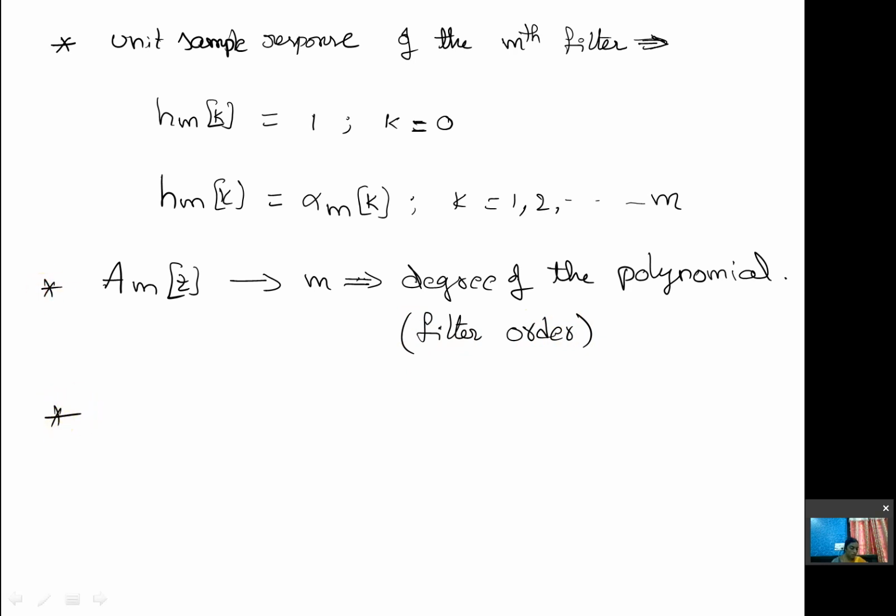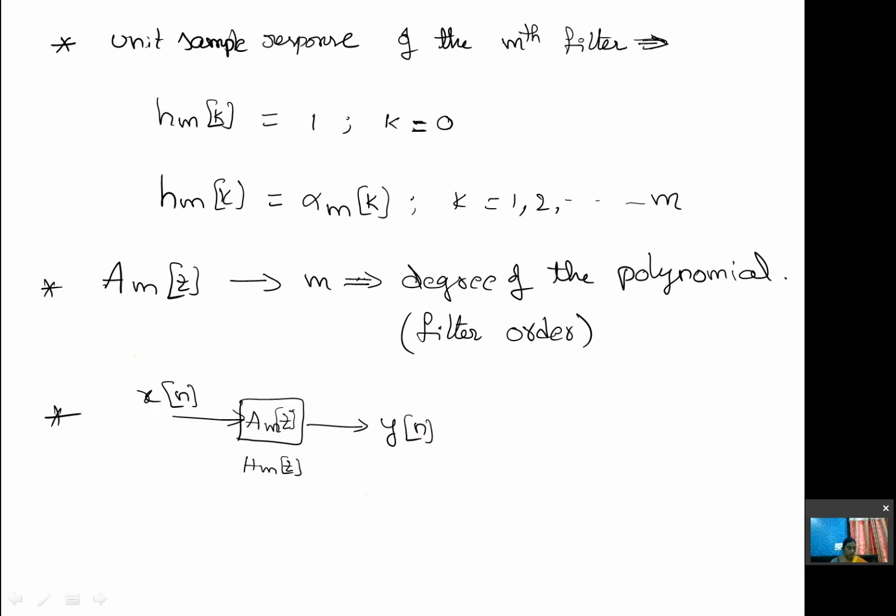The next point is: the system is am of z or hm of z, an mth order filter. What is the input here? x of n. What will be the output? y of n.